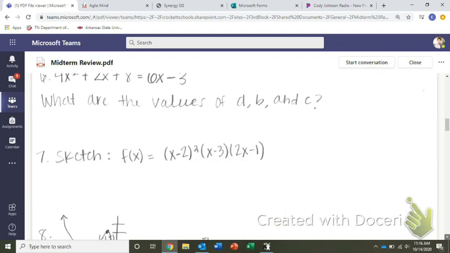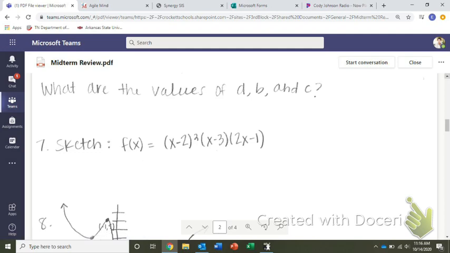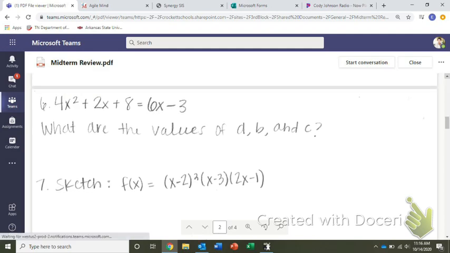Number 6 asks us for the values of A, B, and C. So when you come to a problem like this, everything has to be on one side, okay? So we want to move this 6x minus 3. And to do that, we subtract 6x and we add 3 to both sides.